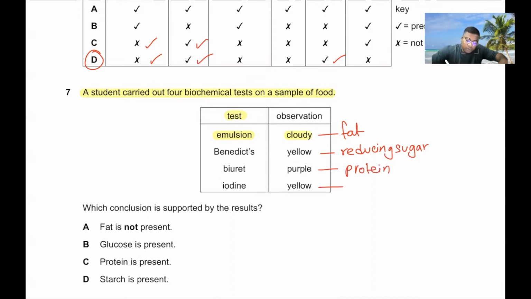Iodine stays yellow, so no starch. What conclusion is supported by the results? Fat is not present, no. Glucose is present, well, we cannot confirm that. Protein is present, yes, we can confirm that. Starch is present, no, starch is not present. So C is the correct answer.